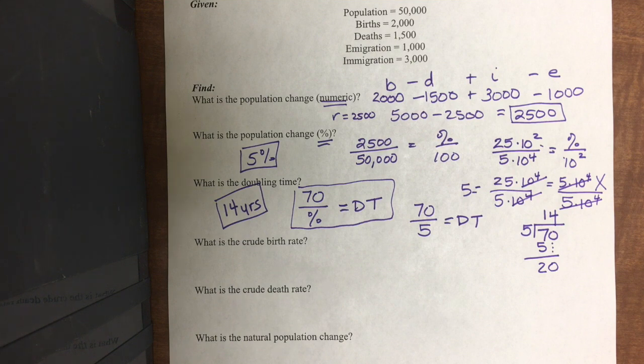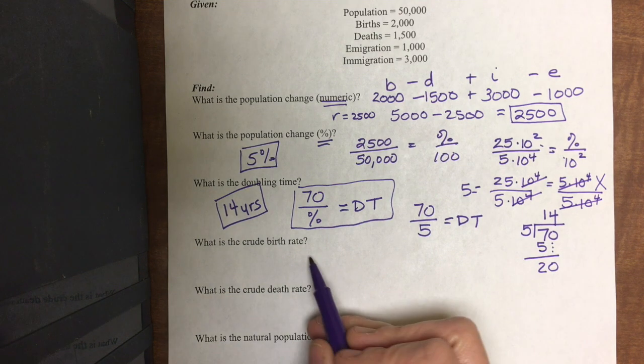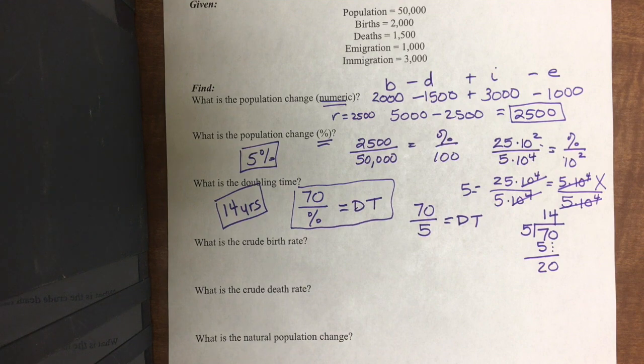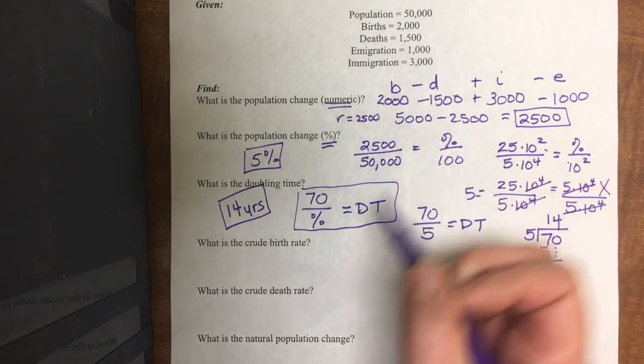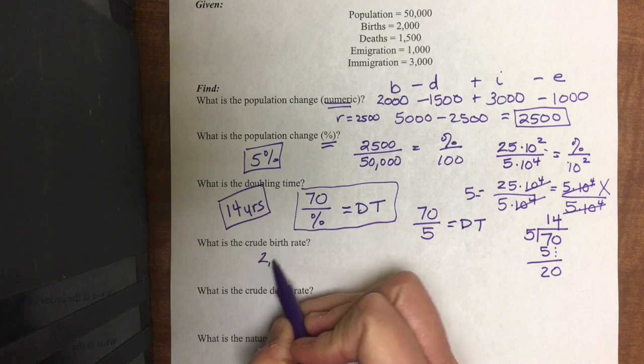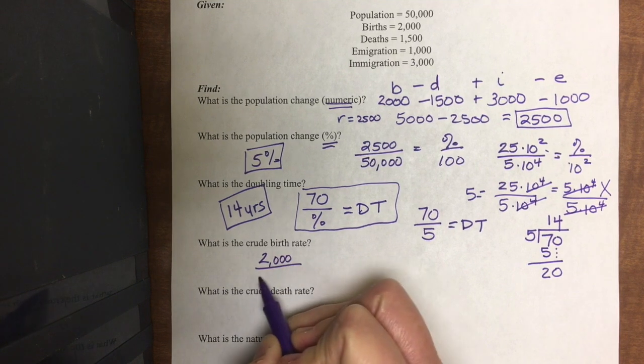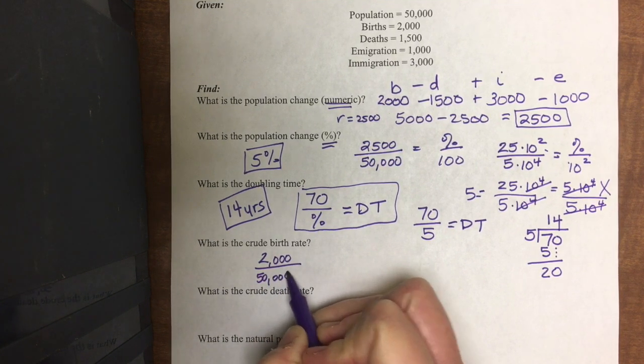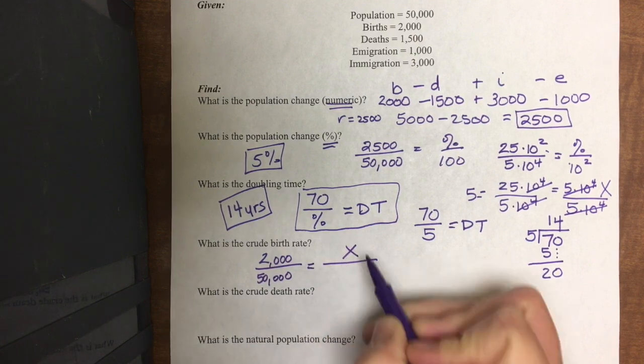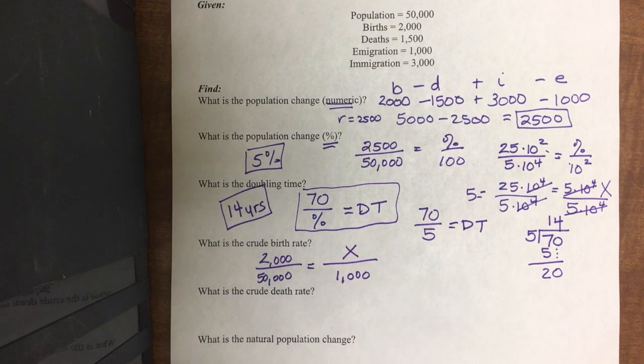Crude means out of 1,000. So how many births are happening out of 1,000? Well, I can look at the raw data up here, and I know there's 2,000 births out of 50,000 people. So how many births would that be out of 1,000?